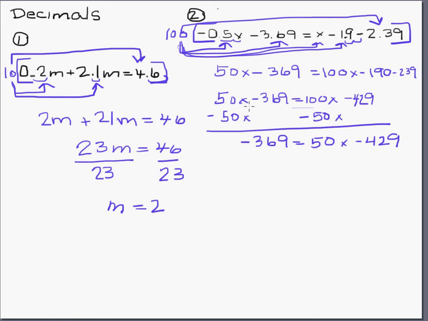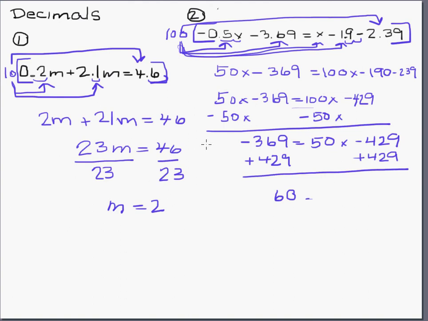It's all right if we solve for x by leaving it on the right-hand side and moving the numbers to the left-hand side. So let's add 429 first, because we do addition and subtraction moves first when we have two-step solving. We're adding negative 369 to positive 429. We end up with 60.